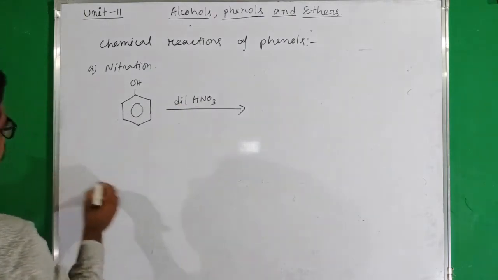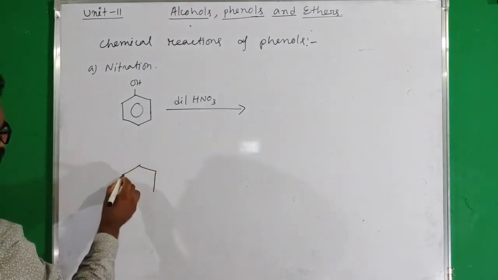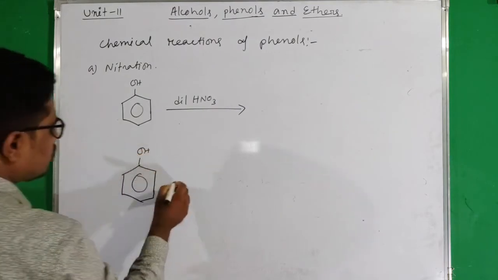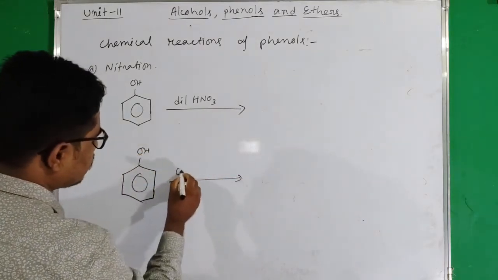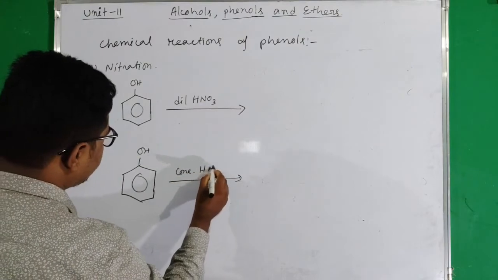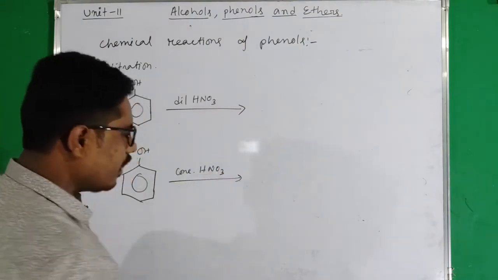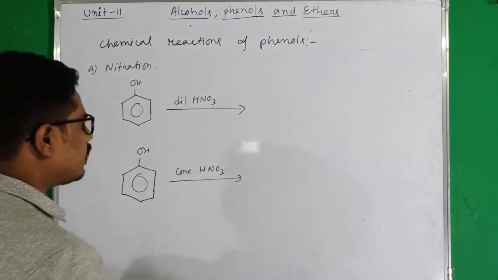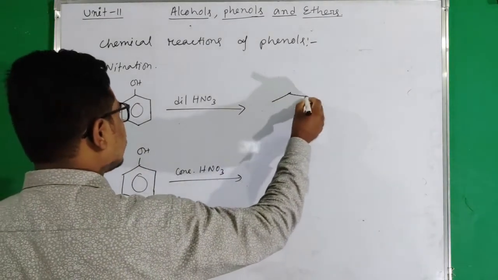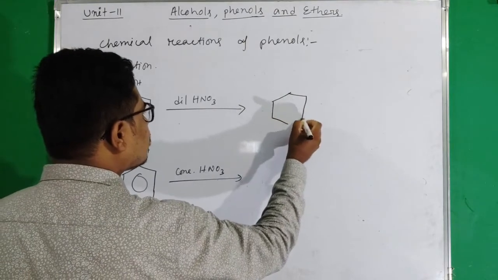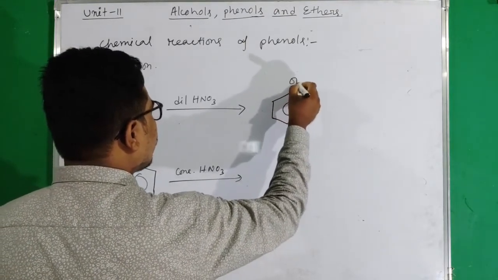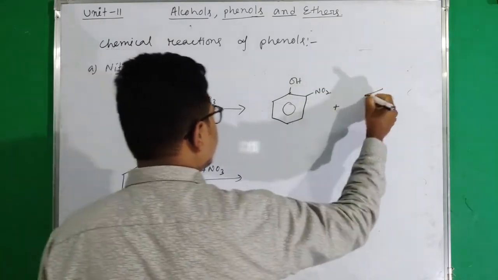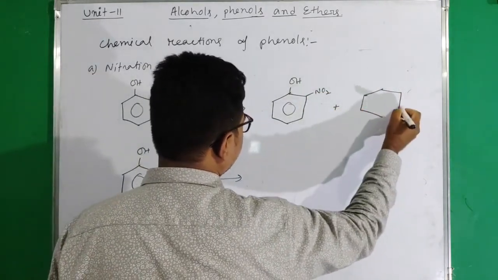Suppose one student is using dilute HNO3 and another student is using concentrated HNO3, that means concentrated nitric acid, and they both will get different products. When dilute nitric acid is used, then two products are formed. One is orthonitrophenol and another is para-nitrophenol.